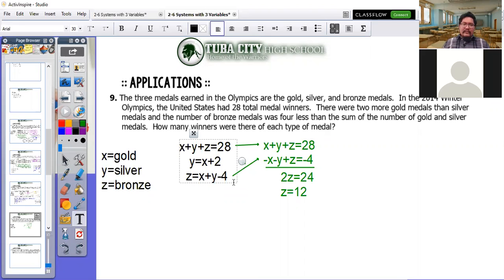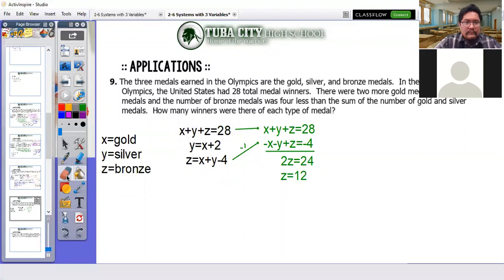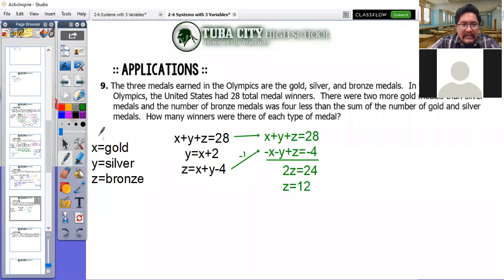So let me think, what else could we do? We got to find x and y somehow. I got it. So we're going to plug everything into this top one here.